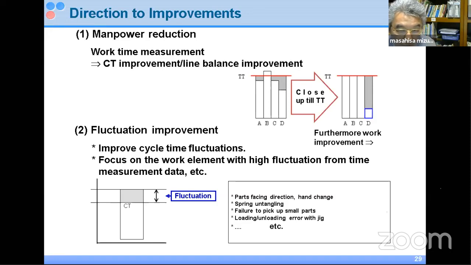Okay, cycle time means actual shortest time. I explained that already. That is the cycle time. Takt time is calculated from how many pieces are required by the next process. That is the calculation: shift hours divided by the required number of pieces decides the takt time.